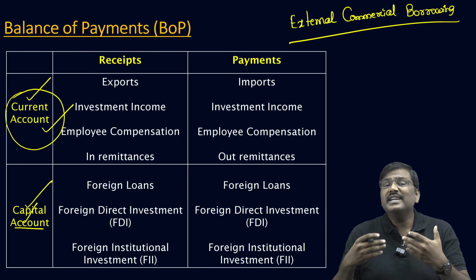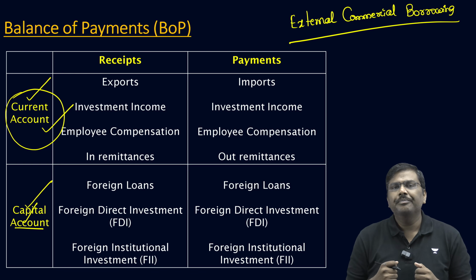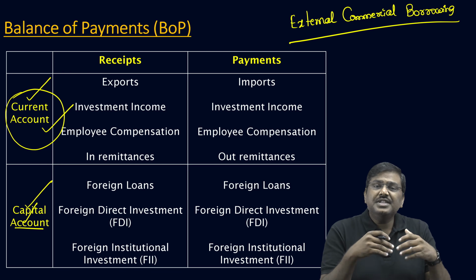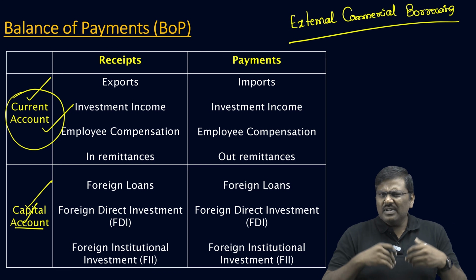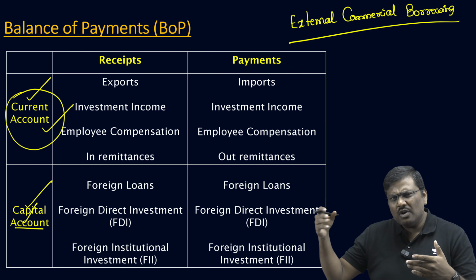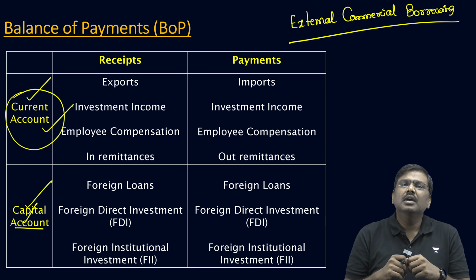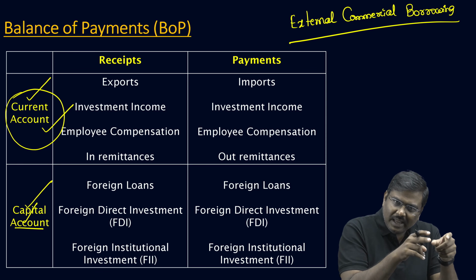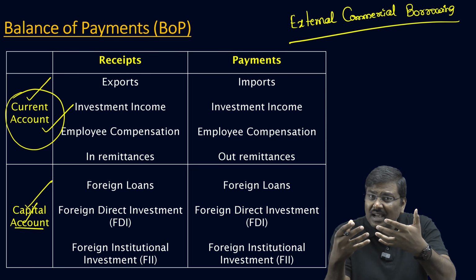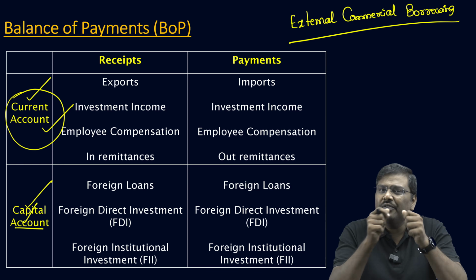They will set up a manufacturing facility, a research and development facility, or under a joint venture, a civil aviation company. Whenever a foreign company invests in India in physical assets, that is called FDI.